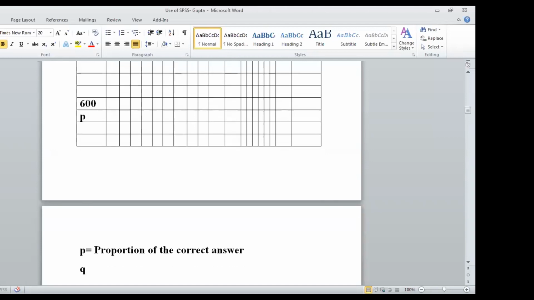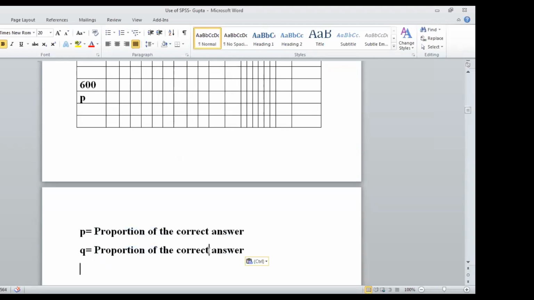And then you find out the Q. Q means proportion of the wrong answer. And if you find out the P and Q, it must be equal to 1, because it is proportion.